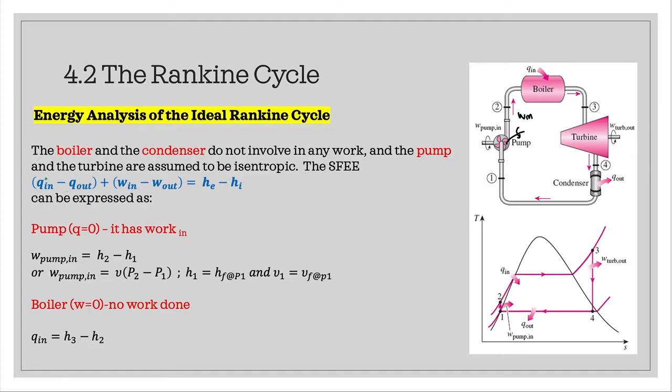Next, we go to the analysis of the SFEE for each of these components. We start with the pump. The pump, we can also say, is a compressor. We know from our previous lecture that the pump has W dot in, work input.